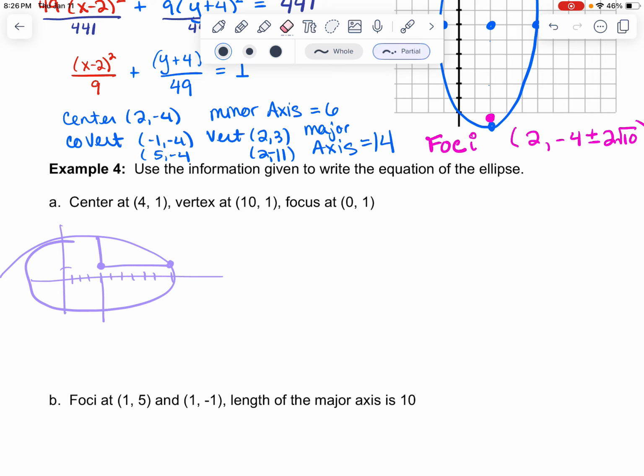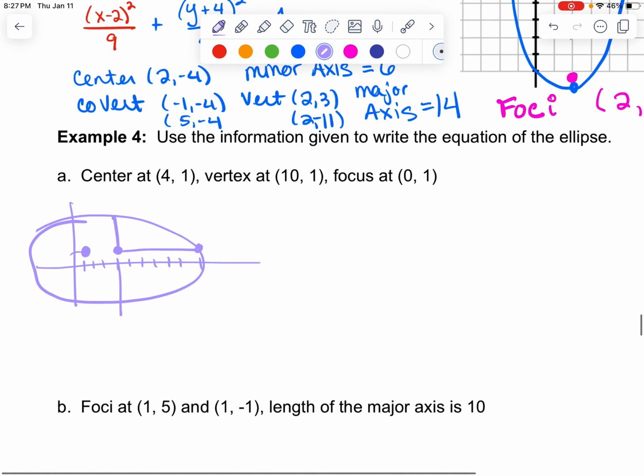And then I don't know my minor axis, but since I do know one focus, I can use my focal distance, that c value, to find the b value. So here's my focus at 0, 1.